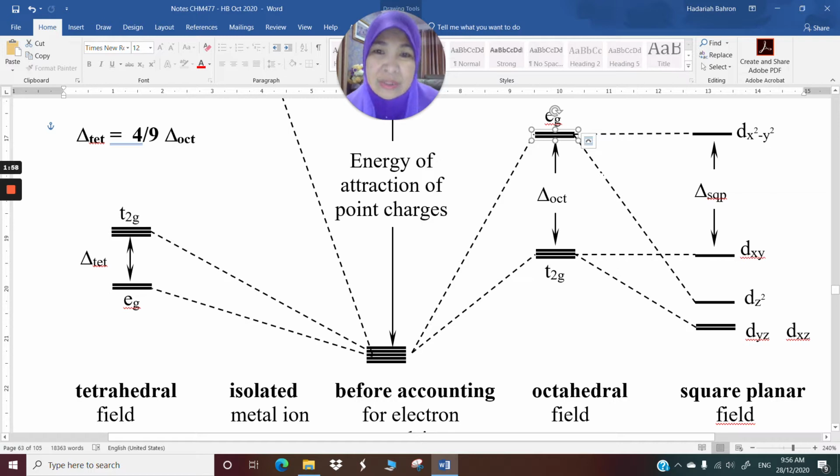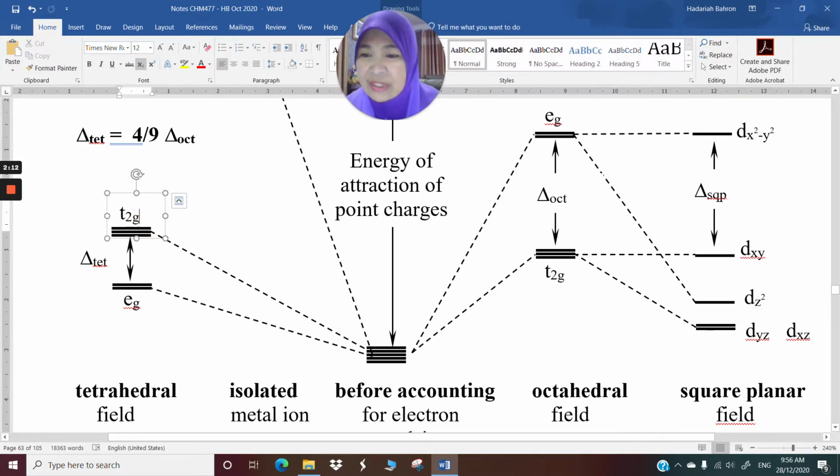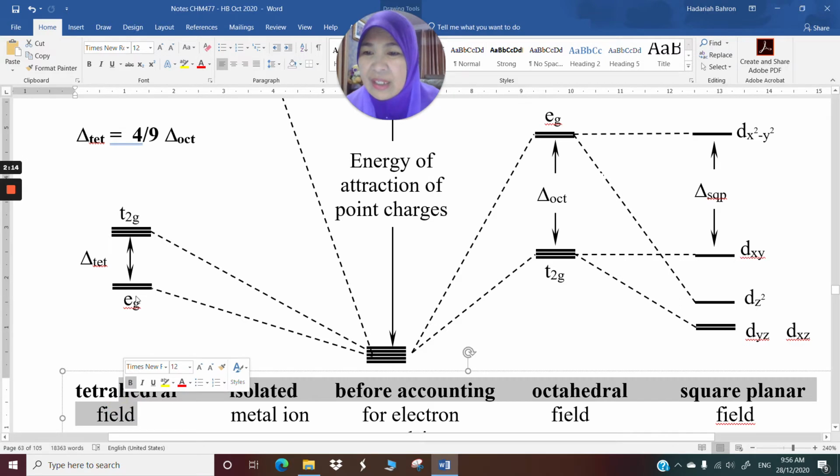more destabilized than the T2G. But the reverse is true when you have a tetrahedral arrangement, when you have 4 ligands approaching the metal center like this. This is your tetrahedral field, where the ligands will be located in between axes and therefore affecting the dxy, dyz, and dxz, which are the T2G orbitals.